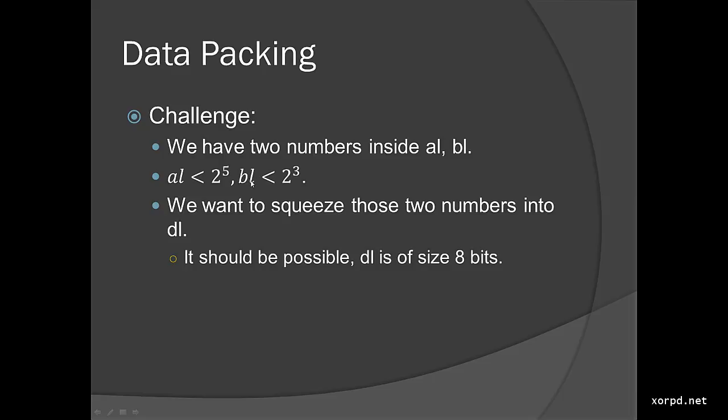We want to squeeze those two numbers into DL, which means that we want to squeeze two numbers inside 1 byte. DL is of size 1 byte. And it should be possible because DL is of size 8 bits and we know that AL fits inside 5 bits and BL fits inside 3 bits. So 3 plus 5 is 8. It should be enough.